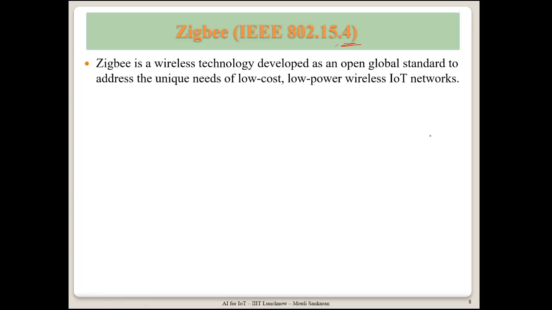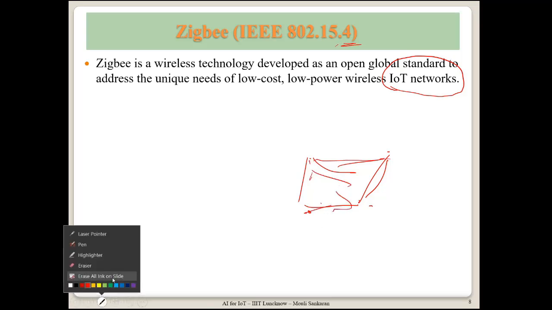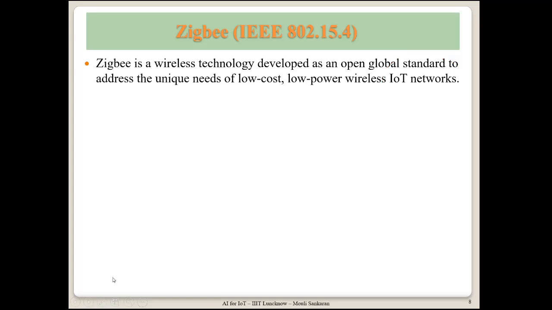Remember one thing: UWB is used for localization, finding the position, or ranging operation. Zigbee is for IoT networks. If you want to network different IoT devices and communicate information between them, then Zigbee is used.